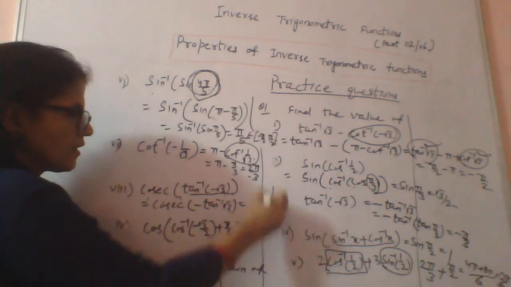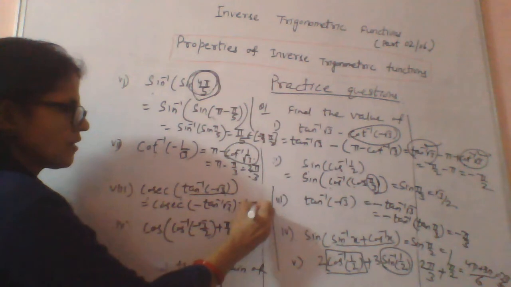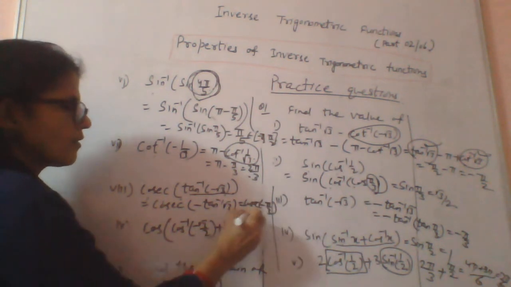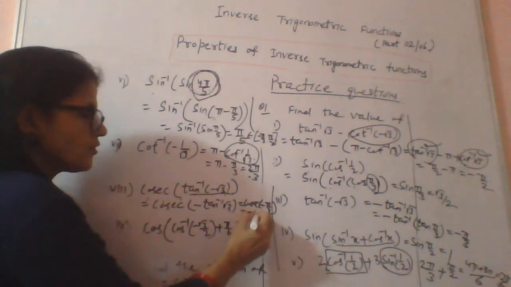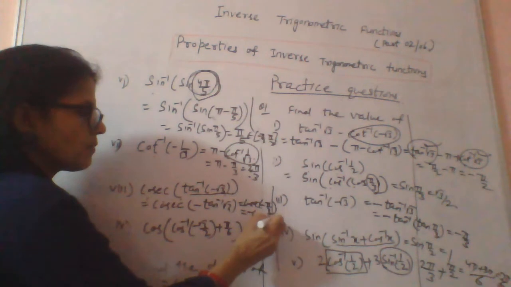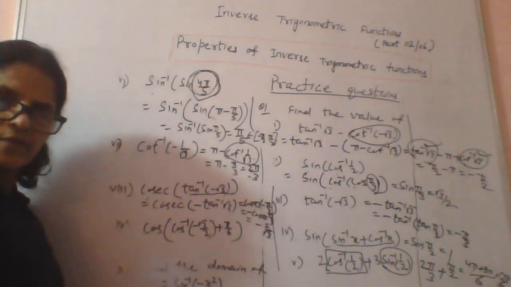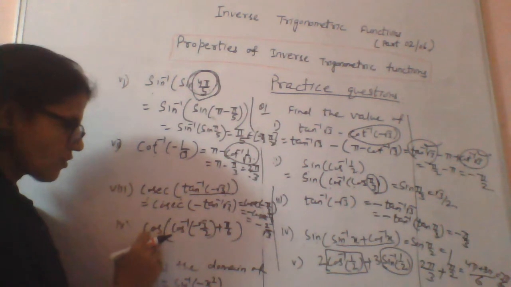It means you are getting cosec of minus pi by 3. Cosec of minus theta is minus cosec theta. So minus cosec pi by 3 is equal to minus 2 by root 3. Clear?